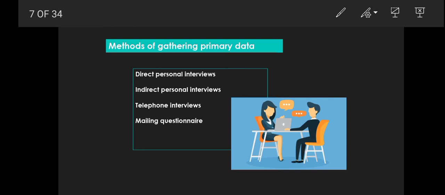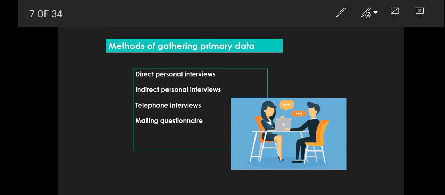For example, if a fire has broken out in a building and a person is standing there witnessing all these things, the researcher interviews that third person who is a witness to the incident. This would be the third person, and this kind of interview will be considered an indirect personal interview.